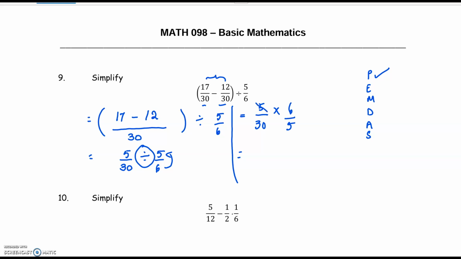Now clearly the 5's cancel and 6 is hidden as a factor of 30. So write 30 as a multiple of 6, so that's 6 times 5. We cancel common factors, which means 6 over 6 is a 1. 5 remains in the denominator, and we have 1/5 as the final answer.